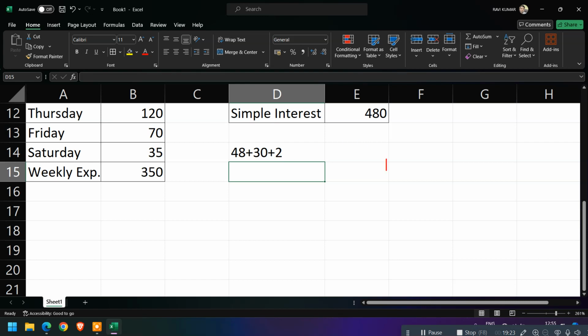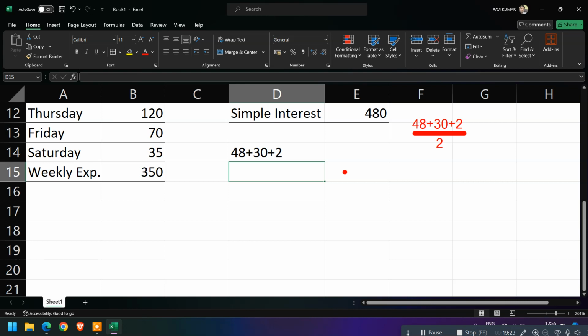Suppose you want to apply the formula 48 plus 30 plus 2 whole divided by 2. Okay, you have written this kind of formula.